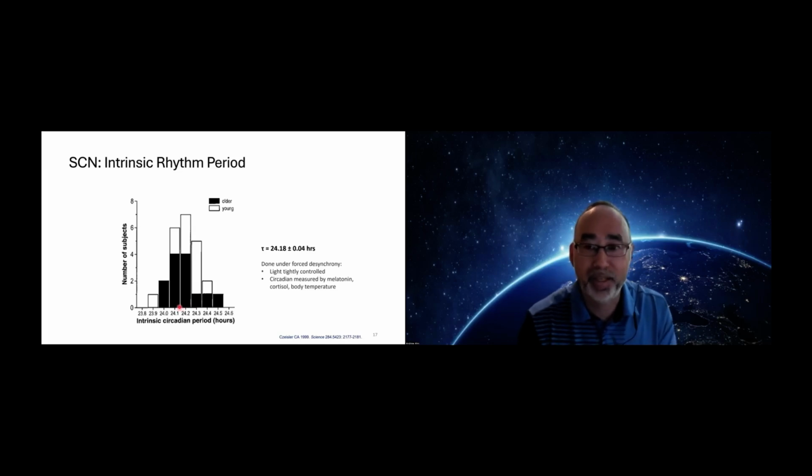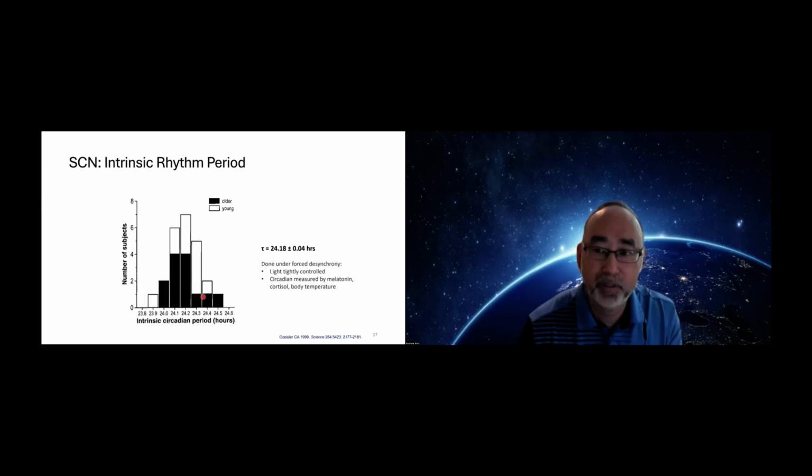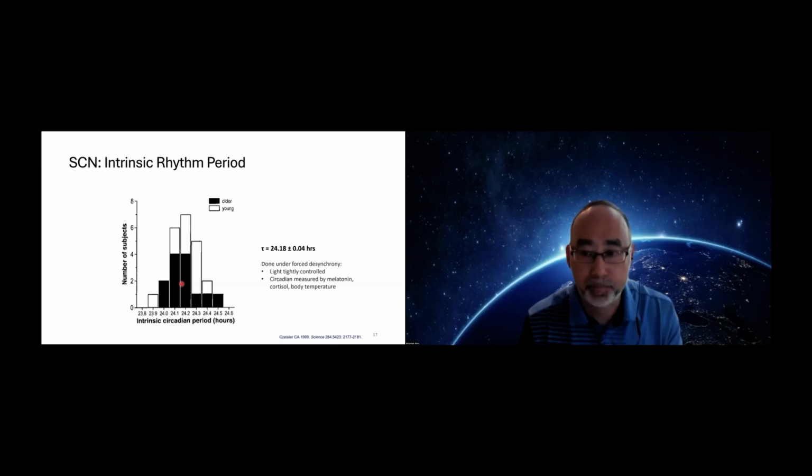And I think that's why the daily environmental time cues, especially light, are necessary to reset the clock and keep us aligned. And interestingly, you can see that there is some variability between individuals and even slight differences between younger and older adults. And this individual variation in intrinsic period partly explains why some people naturally tend to be morning larks or night owls.